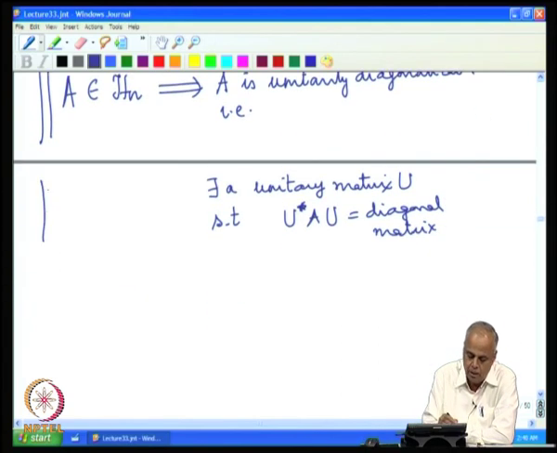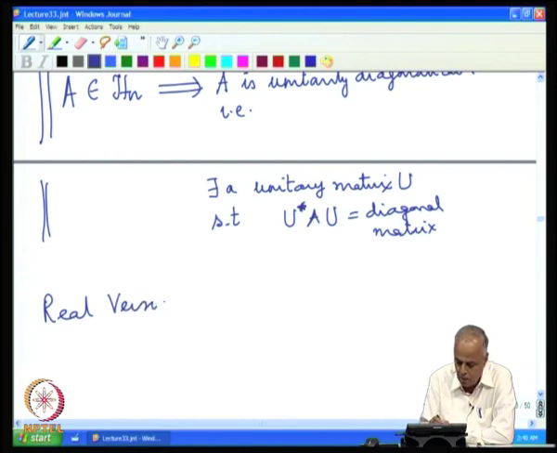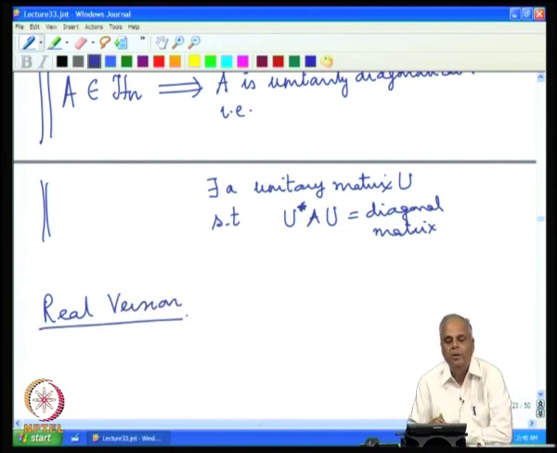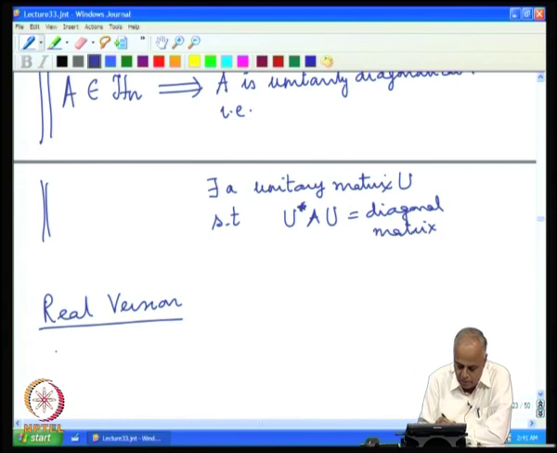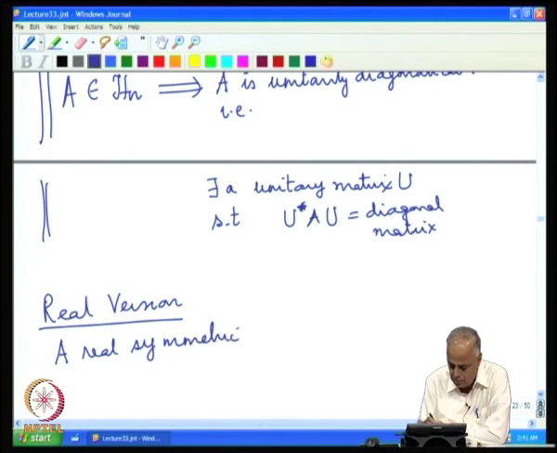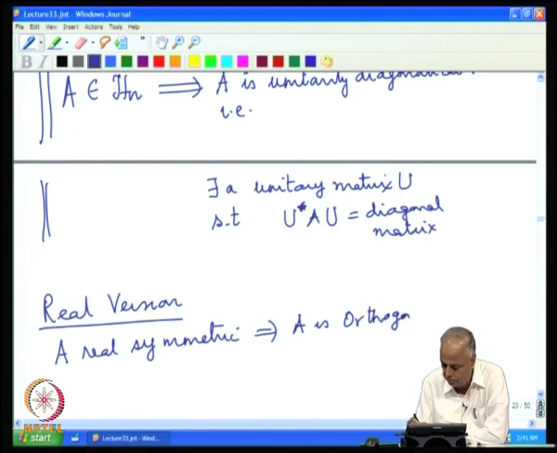The real version of this is that the role of unitary is taken over by orthogonal matrix. So, A real symmetric implies A is orthogonally diagonalizable.